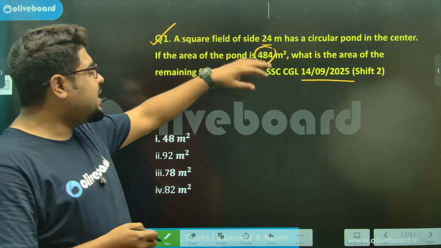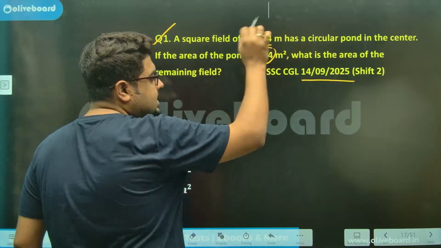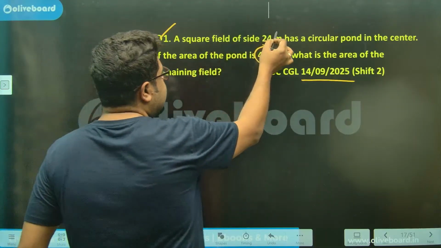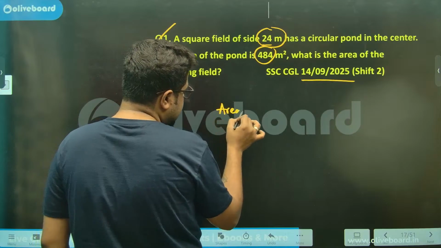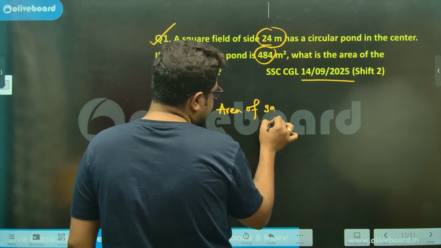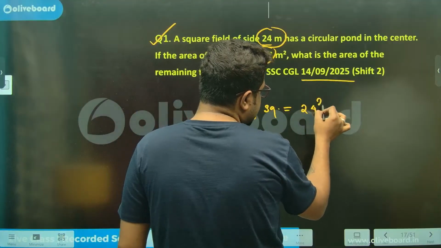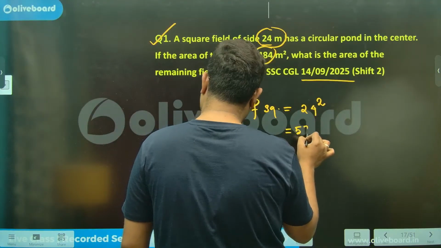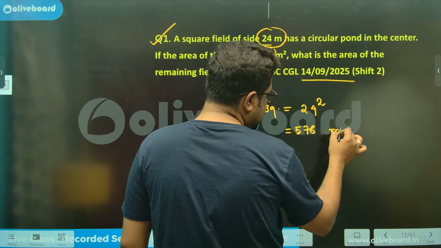Many people will think of many things, but what is the radius? You don't need it. The side is 24 meter. So the area of the square will be 24 square, which is 576 meter square.